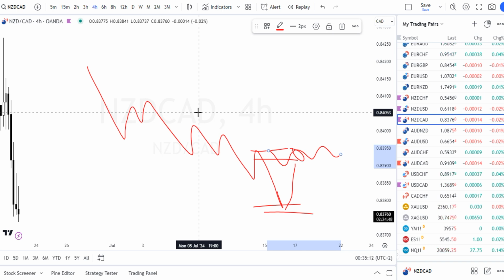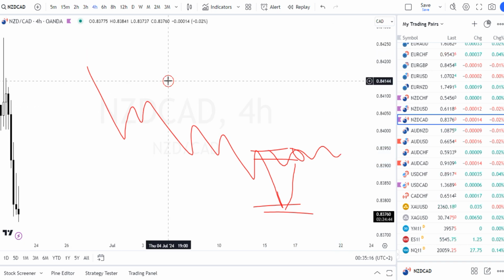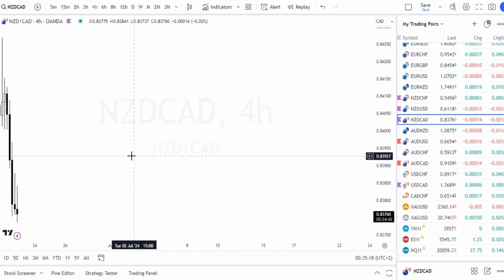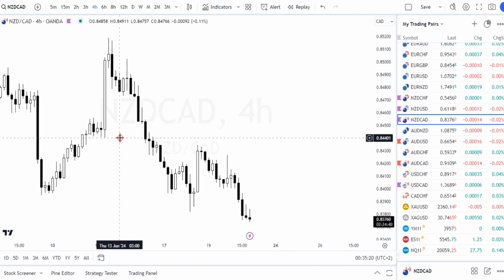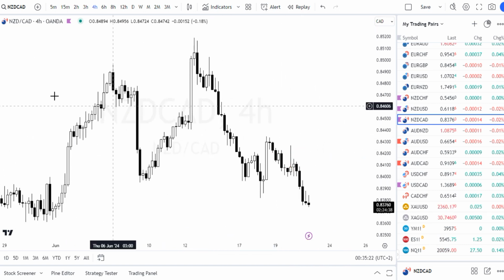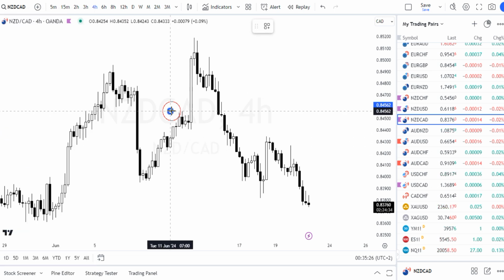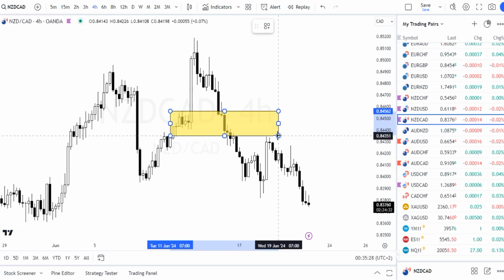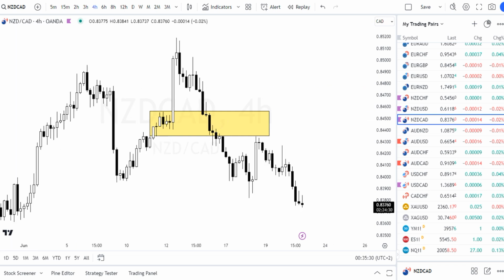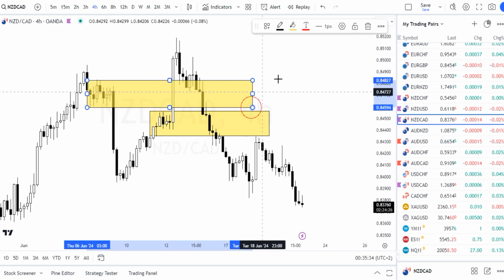Let me show you in the live chart. Just a second. See here, recently we had this demand zone, and we also had this strong supply zone.